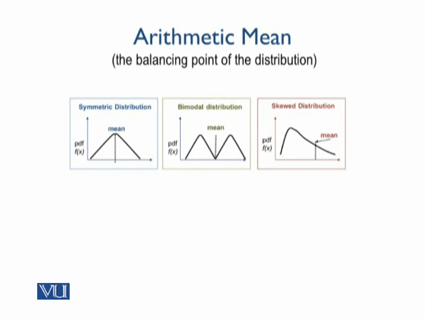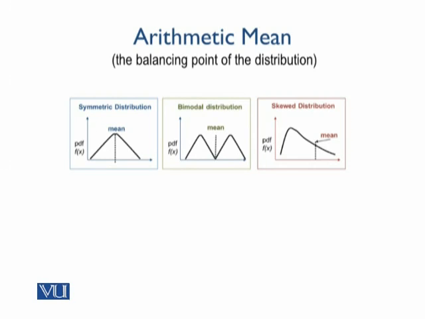But for a bimodal distribution in which you have two peaks, the mean is the value in between, which is not indicative of the true nature of the population. Also, if you have a skewed distribution in which the tail is leaning either towards the left hand side or the right hand side, your mean would also be skewed towards the direction of the tail.